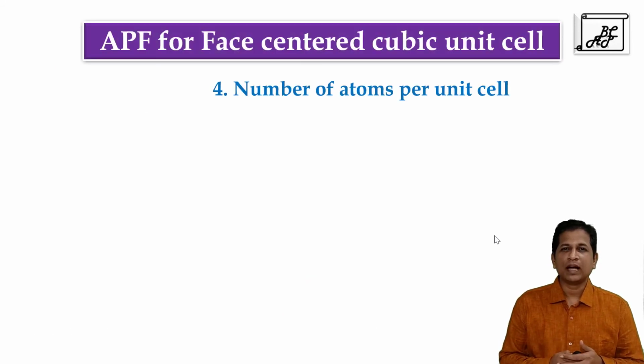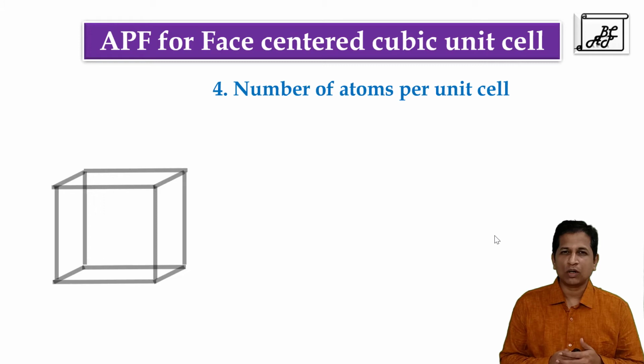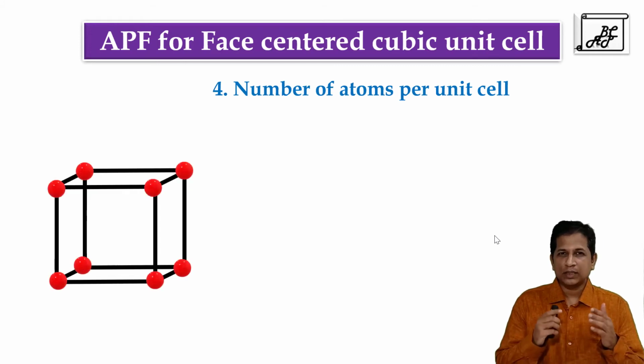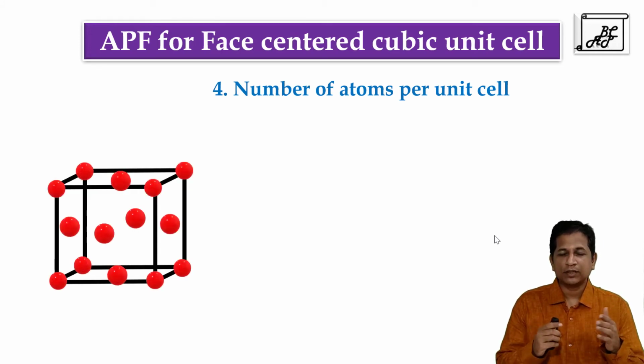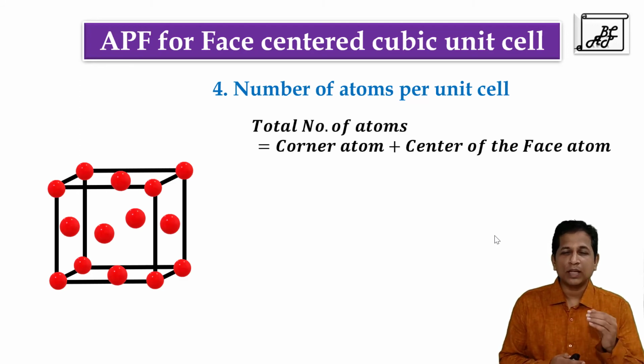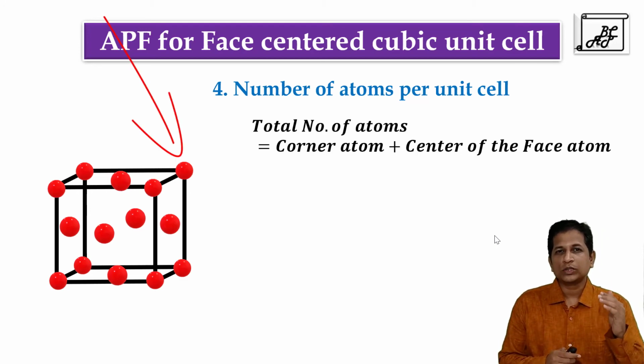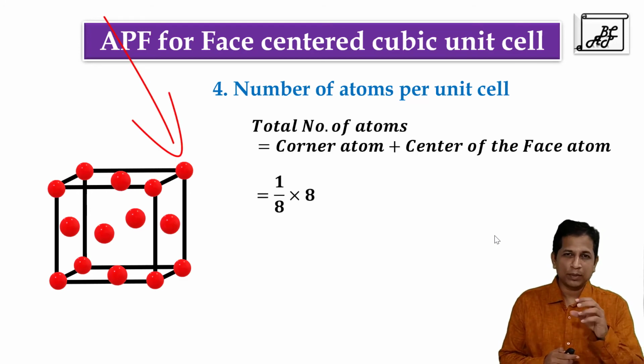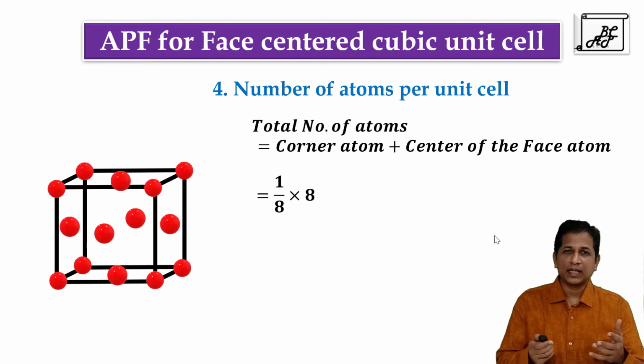Let's calculate number of atoms per unit cell. Let's draw one cube. There are atoms at the corner and atoms at the center of the face. So total number of atoms will be contribution from the corner atoms plus contribution from the atoms at the center of the face. We have seen in the earlier video, in case of simple cubic unit cell, the corner atom contributes 1/8 of its part to that particular unit cell, such that there are 8 atoms.